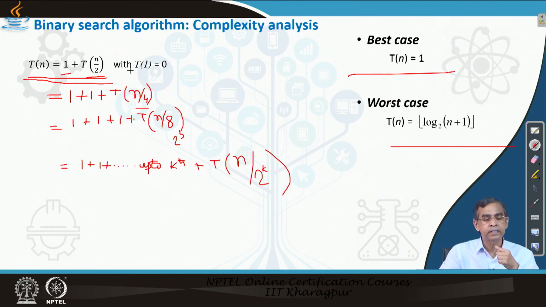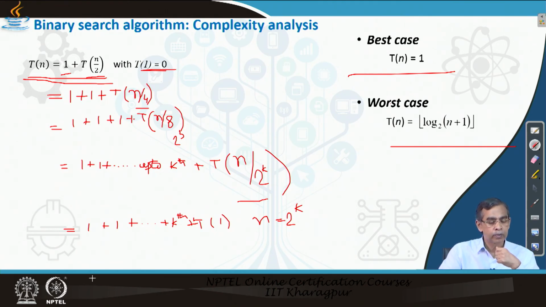Now the boundary condition is T1, which is possible when n equals 2 to the power k. So suppose n equals 2 to the power k, then we can write 1 plus 1 plus up to the kth 1 plus T1. Here T1 equals 0, so we can stop.